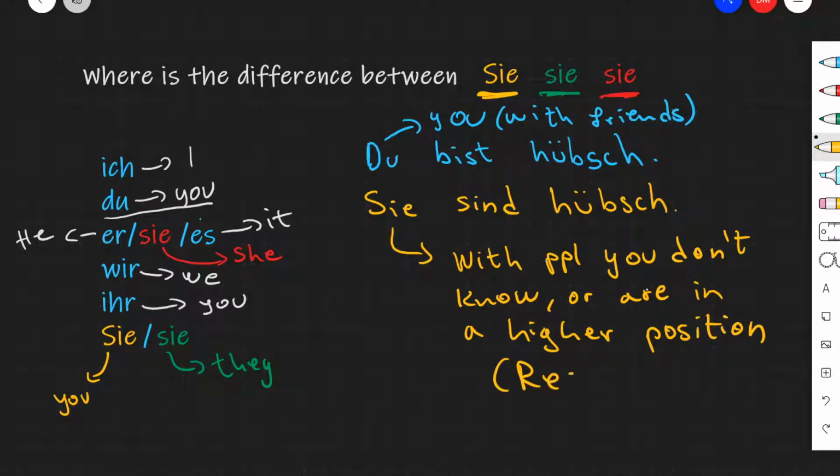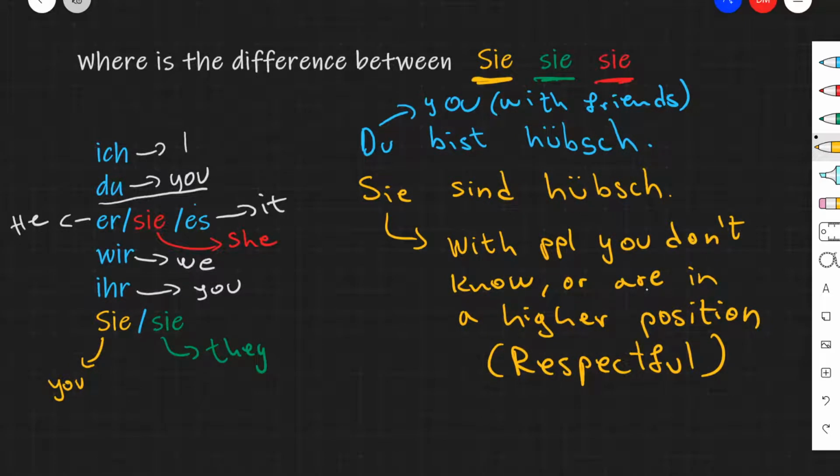Parentheses, respectful form. Okay. So we got the difference between du and Sie. Du is the way you refer to friends, Sie the way you refer to elder people or to people you don't know that well. Okay. Let's get this all out of the way now.